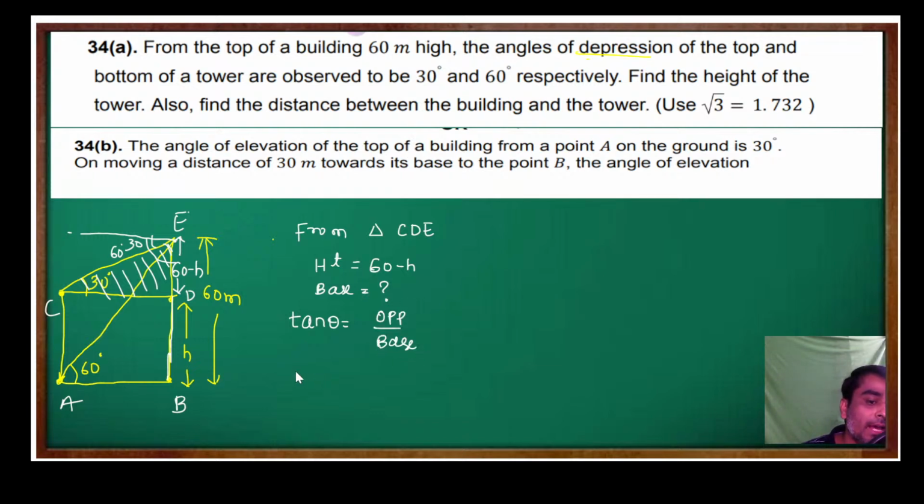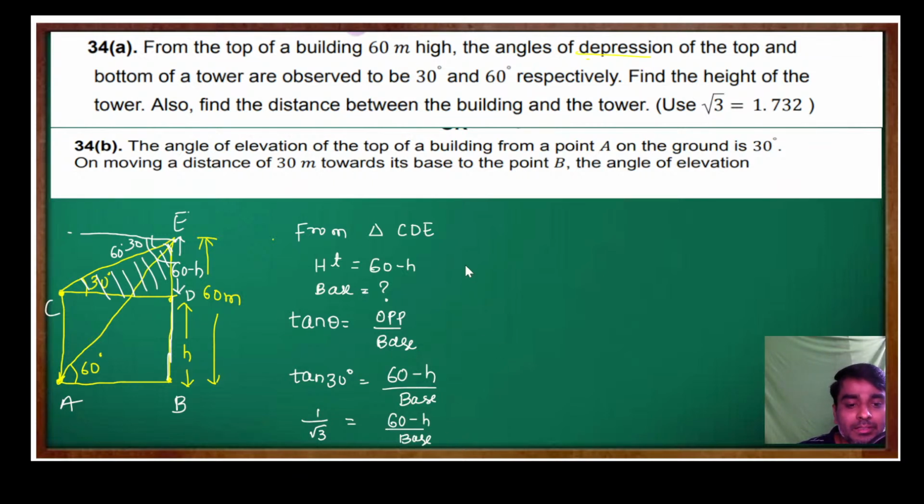Now just put tan theta. For the smaller triangle, 30 degree. What is opposite? 60 minus h divided by base as it is. What is tan 30? 1 by root 3. So 1 by root 3 equals 60 minus h by base.